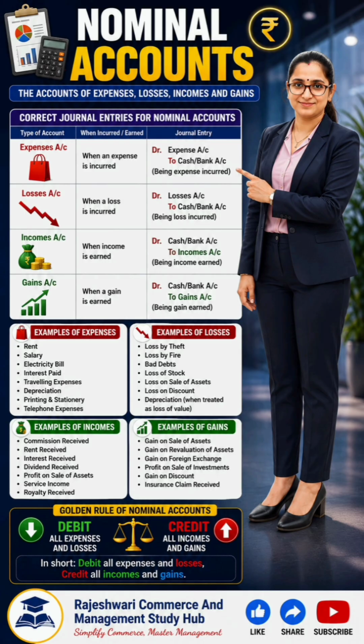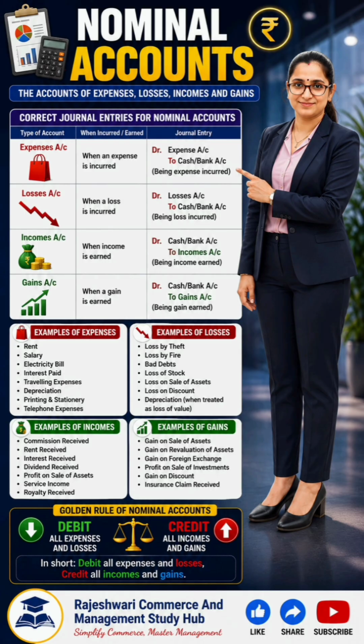Cash is coming into the business, so cash account is debited. In case you are receiving through bank, bank is a personal account. Debit the receiver. Through bank you are receiving, so bank account is debited. Now the concerned income or gain should be credited. Is it clear? In case of expenses, you are debiting the expense. In case of incomes or gains, you are crediting.